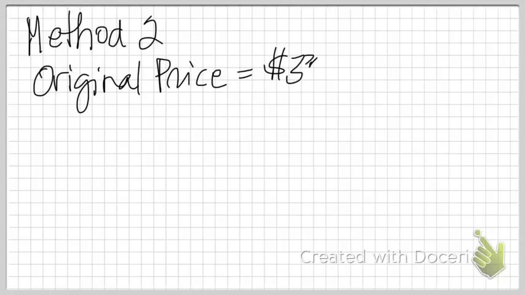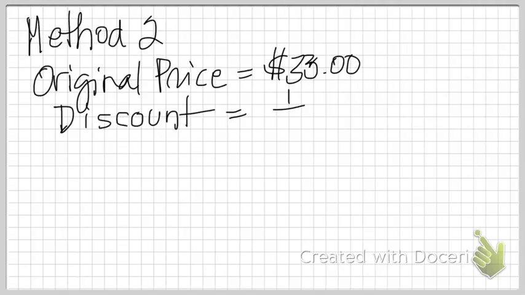And our discount, and again this is the amount off, is 1/3. As in method 2, we are going to actually find that discount first.